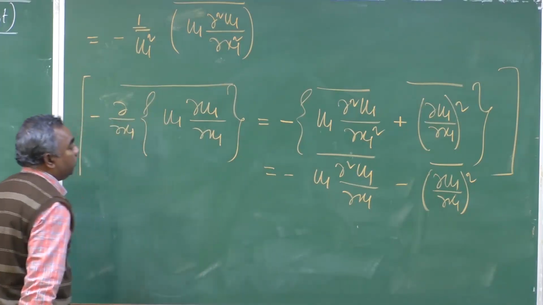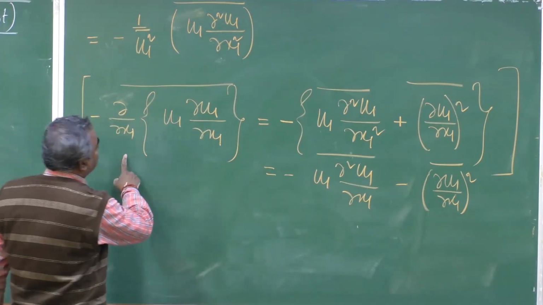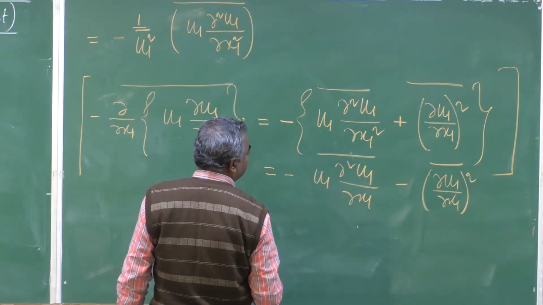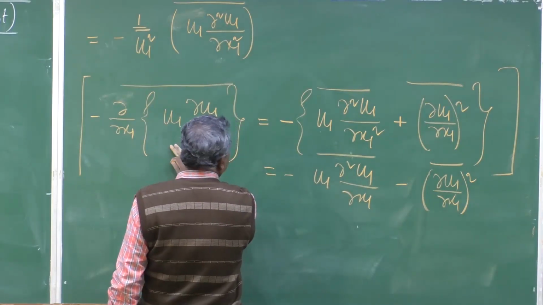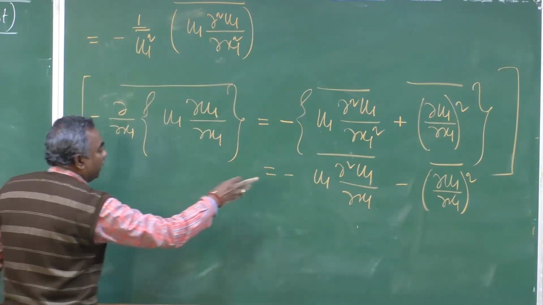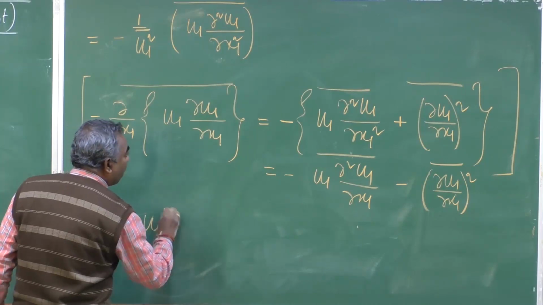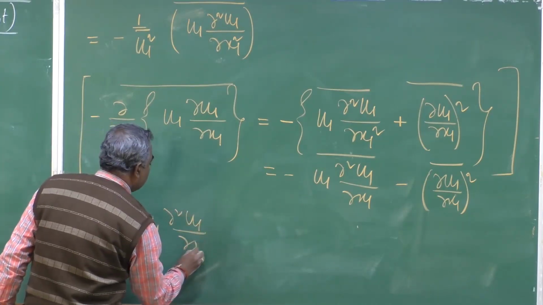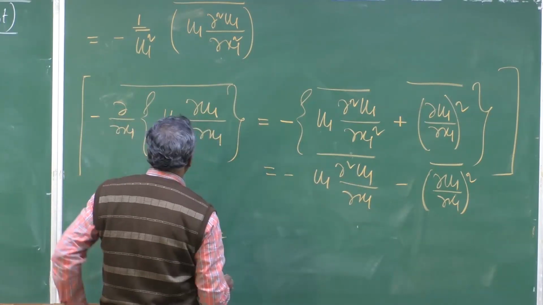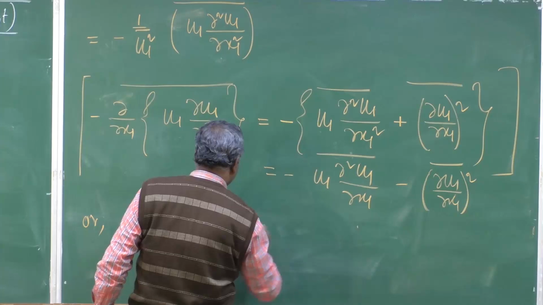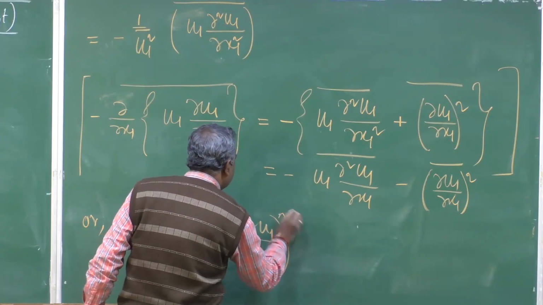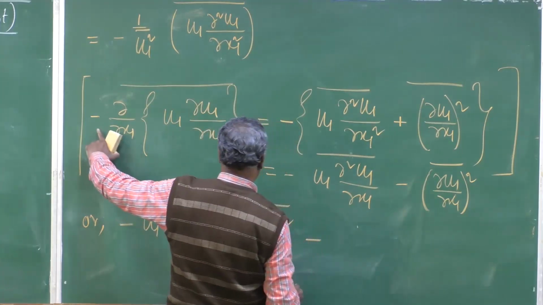So, you see what do we get? So, minus of this is equal to this, that means minus of this quantity is equal to basically this minus this, right. So, that means we can write minus U1 del 2 U1 del x1, okay, 2 equals to this quantity equals to this minus of this plus this quantity, that means del U1 del x1 square bar minus this.